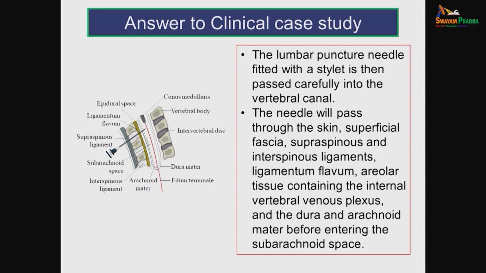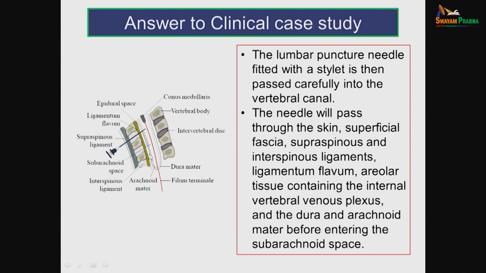So, the needle will pass through various layers as I have mentioned earlier. You can see this is the skin, then the superficial fascia, then the supraspinous ligaments, the interspinous ligaments, then it is piercing the ligamentum flavum and passing through the epidural space, then through the dura mater and arachnoid, and it is entering the subarachnoid space.